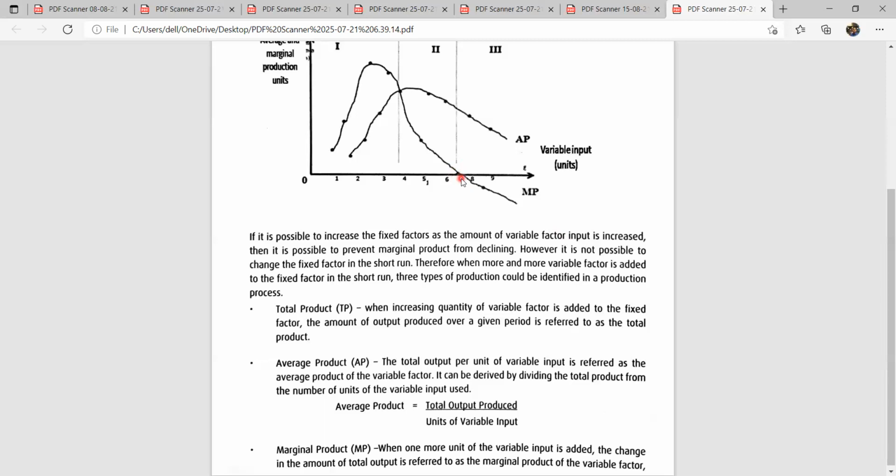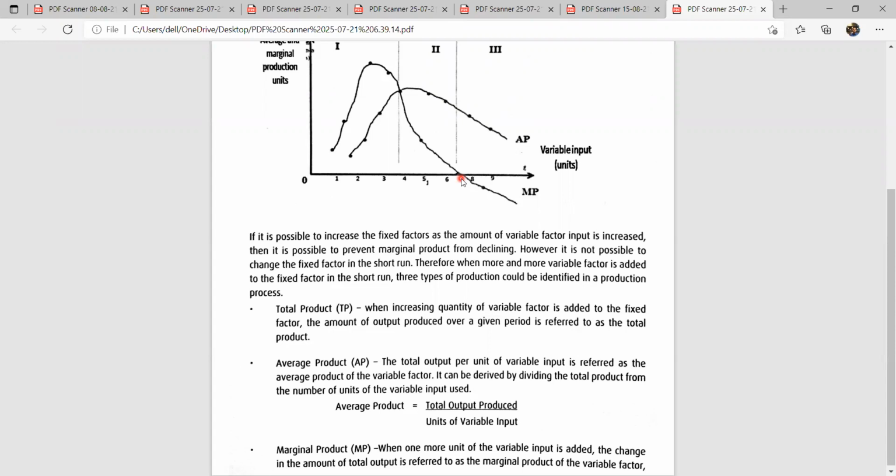It is possible that this can be changed. What is the method? By changing fixed factors. What are the fixed factors involved in this operation? Land, capital. These factors can be changed.